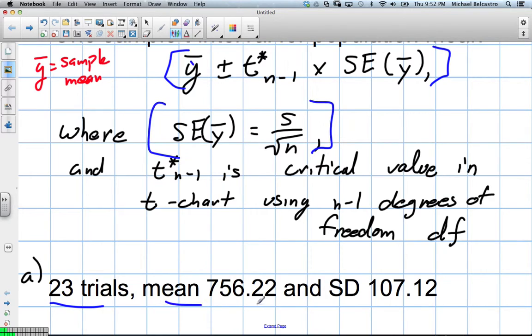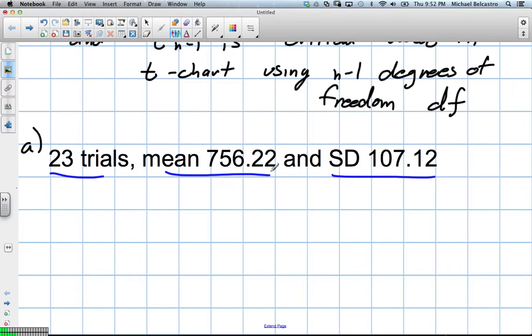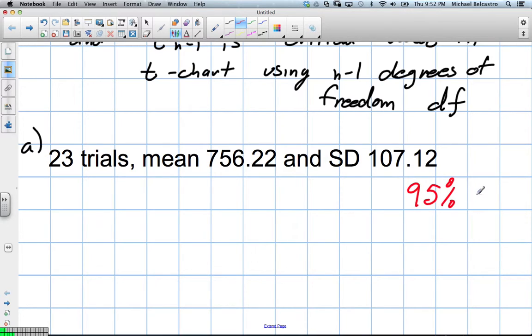So I'll give us some very basic information here. They've told us we have 23 trials, our mean is this number, our standard deviation is that number, and then what they'll normally say is what confidence interval you're going to find things at. In this one, they're going to say at 95% confidence. Confidence interval, so CI. And we're going to talk about that after because things will vary depending on the confidence interval.